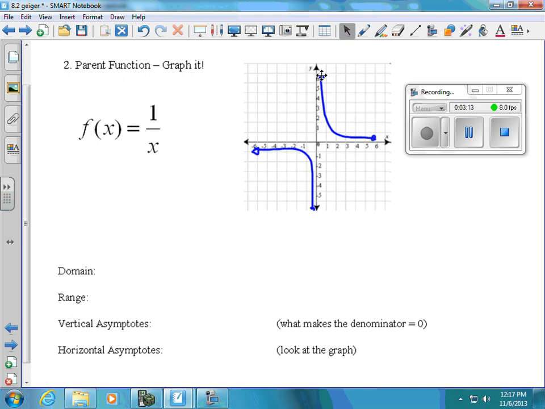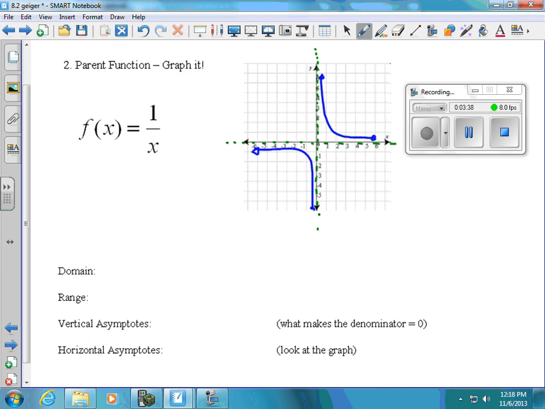These lines right here are what we refer to as vertical asymptote lines, and this one is what I call the horizontal asymptote line. They box in the graph, so to speak. They make a barrier where the graph does not cross those lines. It's really close, but does not cross.